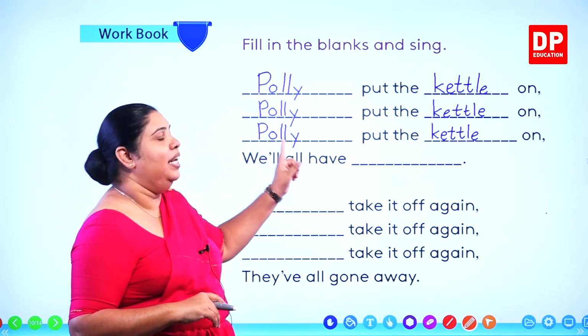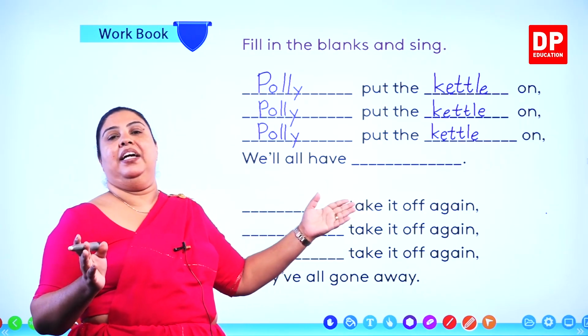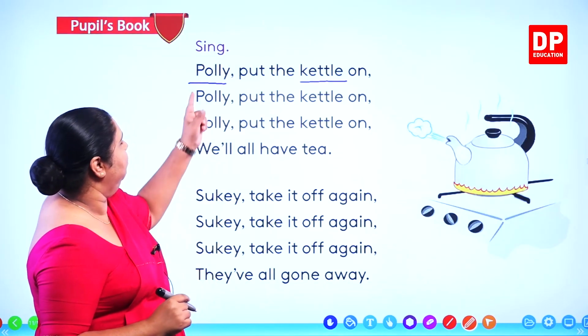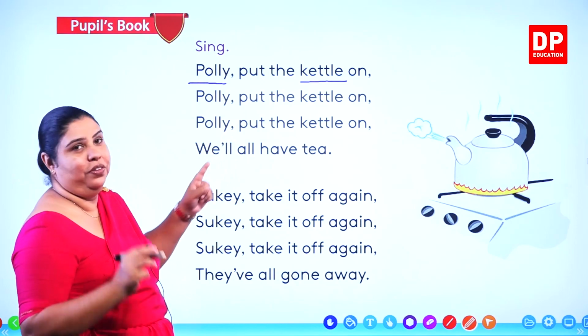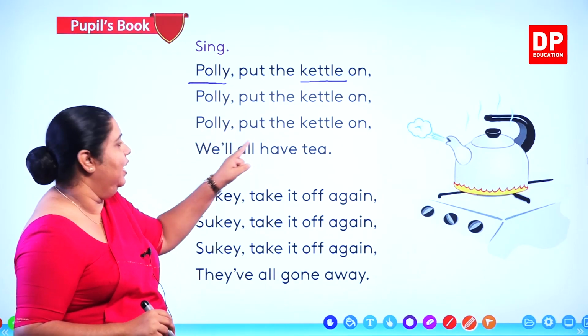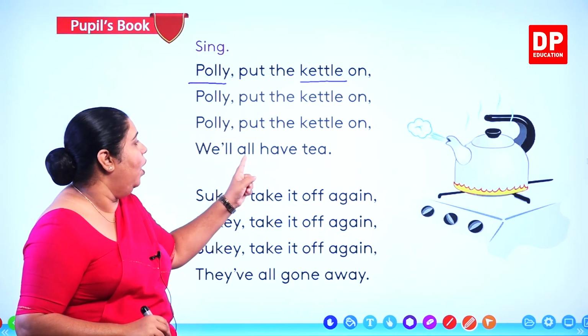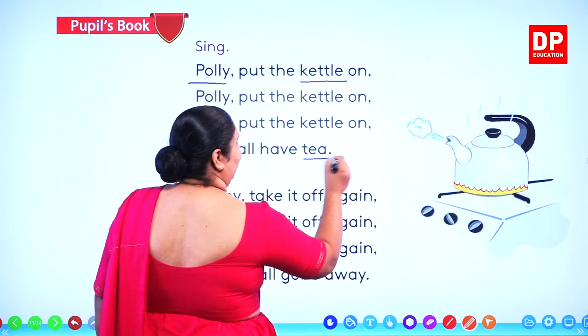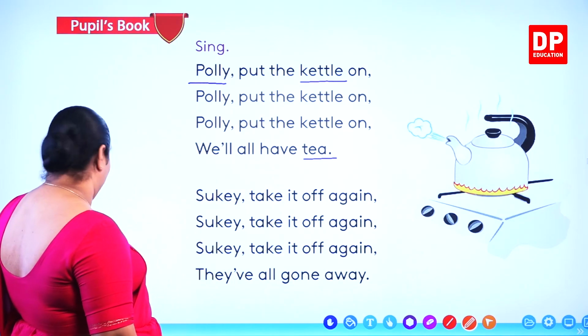We'll all have blank. What are we going to have? Here, Polly put the kettle on. We wrote for 3 times. Can you see? We'll all have what? We are going to have tea. Very good. Okay, right.